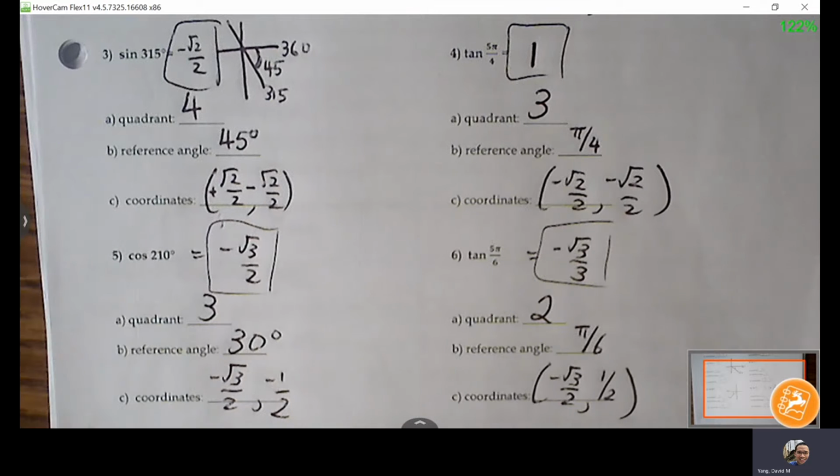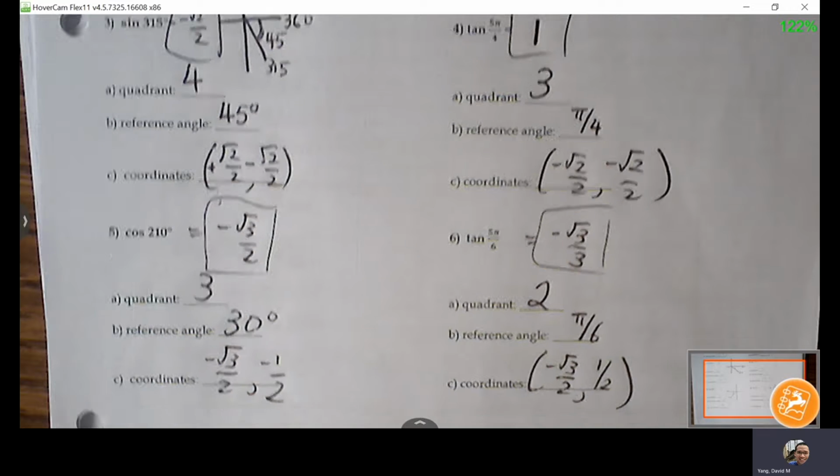After you find the order pairs, you're just going to look to see how can I use my order pair to get the value that I want. So it's either involving x, y, a reciprocal, or a combination of them. Yes? Say it again? Number 5, okay. So number 5, let's see.